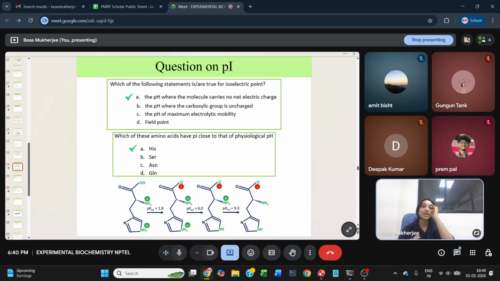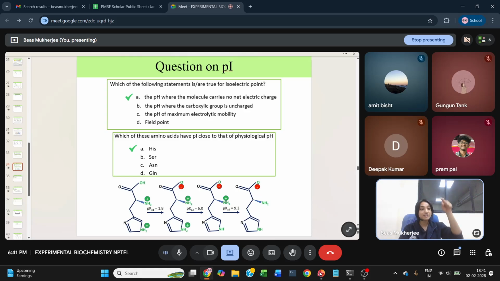Okay. So the pH at which the carboxylic group is uncharged. That is wrong. Because if the carboxylic group is uncharged, that means the pH is very, very low. Because the carboxylic group has a pKa of around 2 point something. So if it is uncharged, that means the pH is around 1 or so. So that is definitely wrong. What about maximum electrolytic mobility? If a molecule is having 0 charge and if you apply an electric field, do you think it will move?